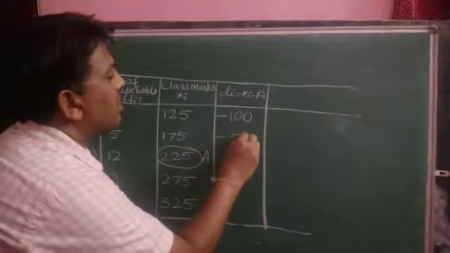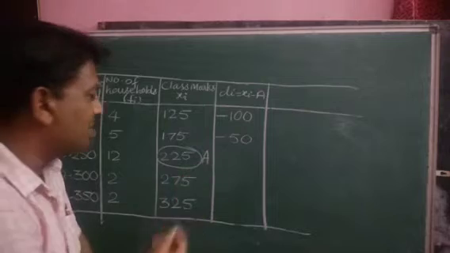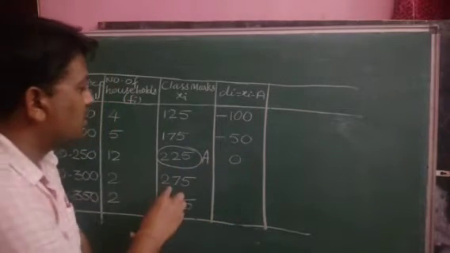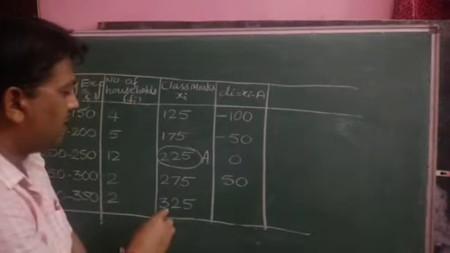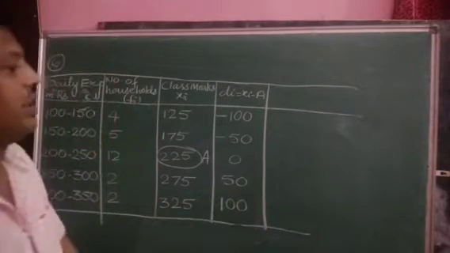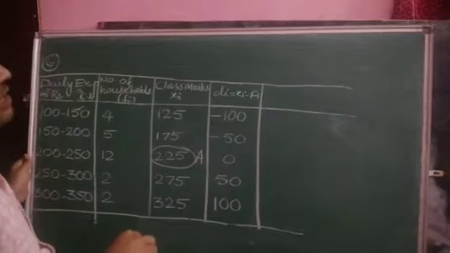You can check it in rough. It is minus 50, easy for subtracting, that is why I am doing it directly. 225 minus 225 is 0. 275 minus 225 is 50. 325 minus 225 is 100. Okay, children? Right, I have found Di here.